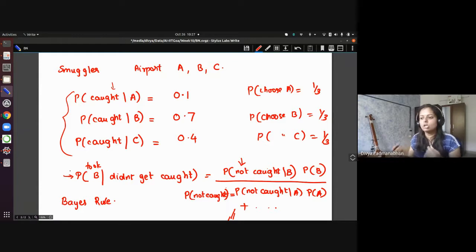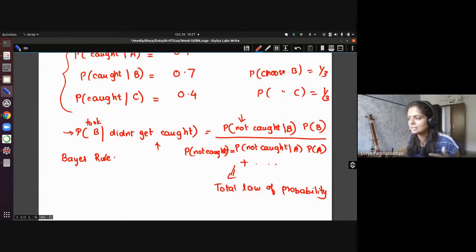But finally you see the outcome that he didn't get caught, and then you want to see what's the probability he escaped from airport B, and then you do some operations there with airport B. Okay, so that's the intuition for Bayes' rule. So it's not just an algebraic exercise. That's what I just want you to understand.